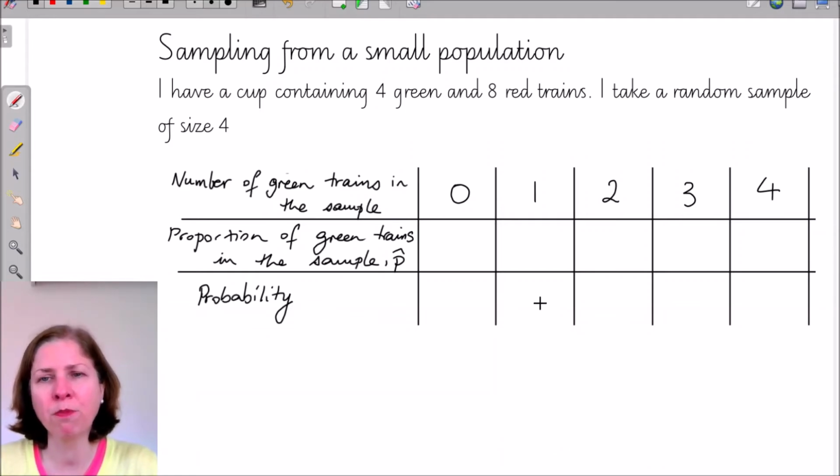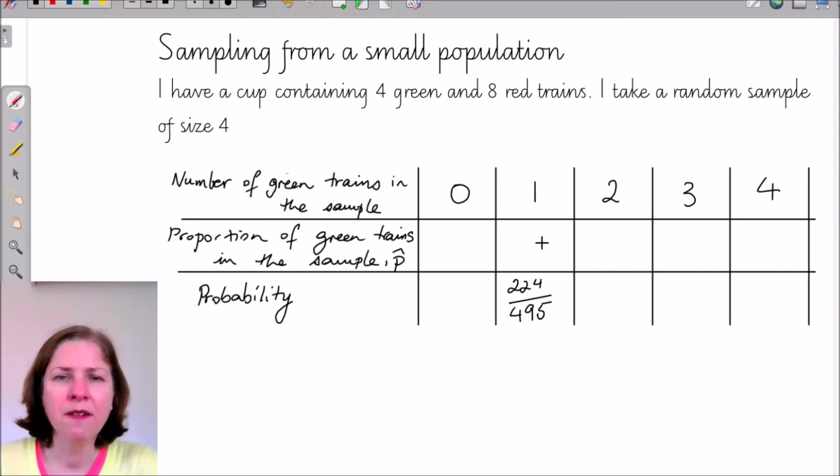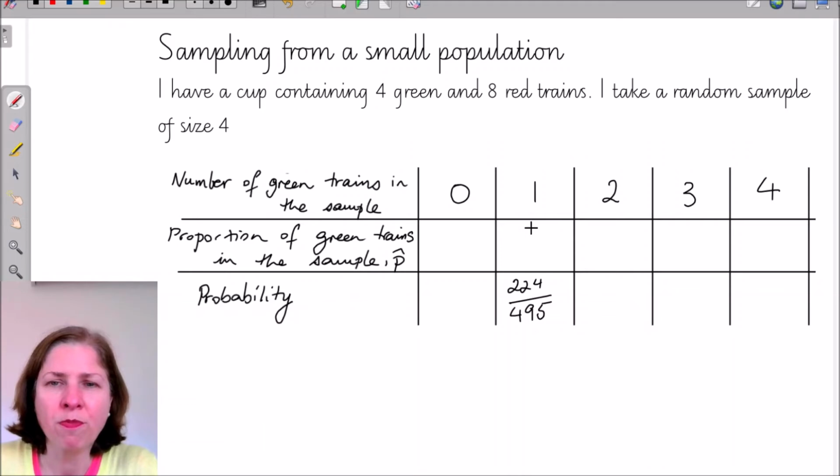I just worked out that the probability of getting 1 was 224 over 495. That means the probability of getting a sample where the proportion is 1/4, because out of a total of 4 in my sample, 1 of them is green.